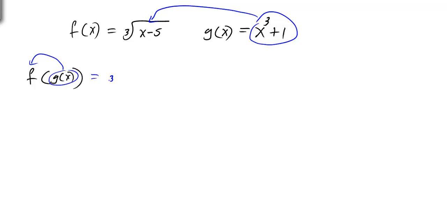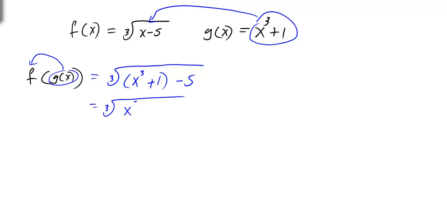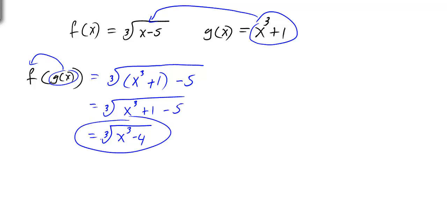So that means we would have the cube root of x, but x is going to be x cubed plus 1, and we still have the minus 5. So then all we do is simplify, so we would have the cube root of x cubed plus 1 minus 5. We can just simply drop out the parentheses. So we have the cube root of x cubed, 1 minus 5 would be a -4. So here we have the cube root of x cubed minus 4.